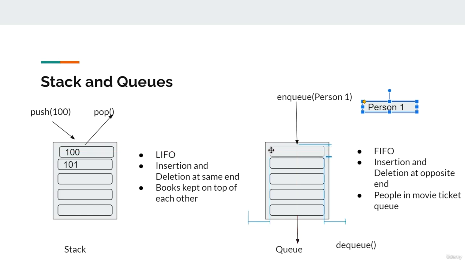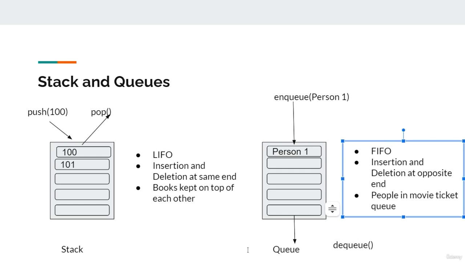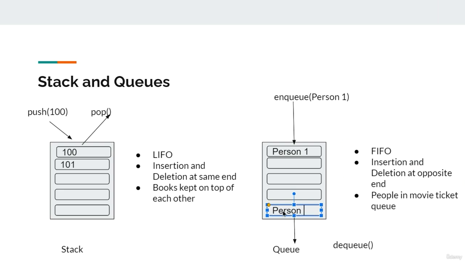Then this enqueue function will add person 1 at the last of our queue. And if I call the dequeue function, the person who is on the front, let's say person 13, will be removed from the queue.